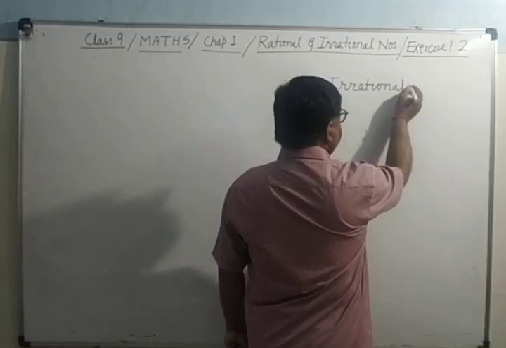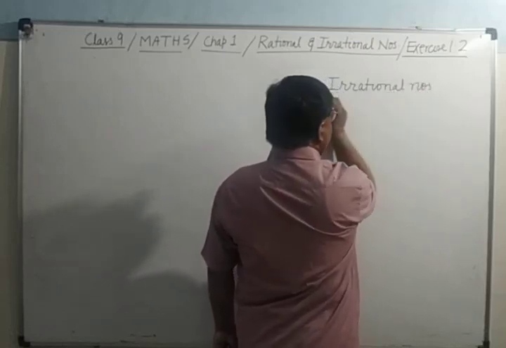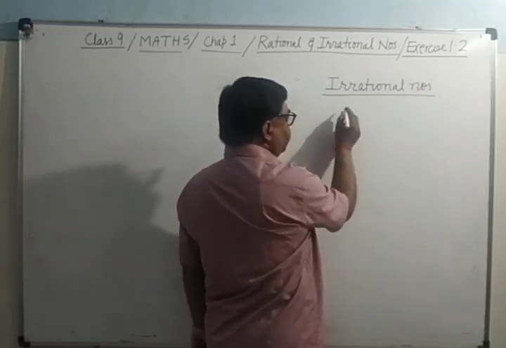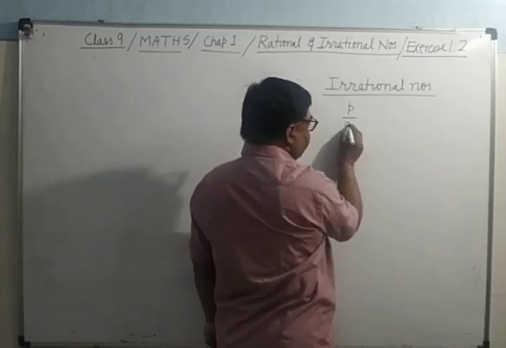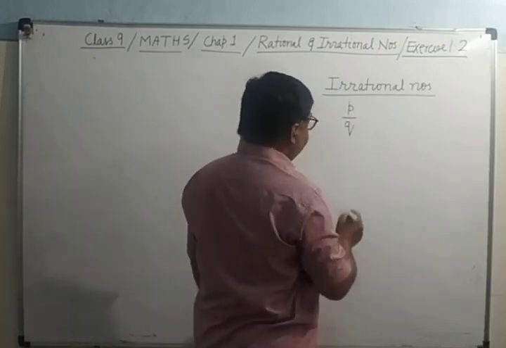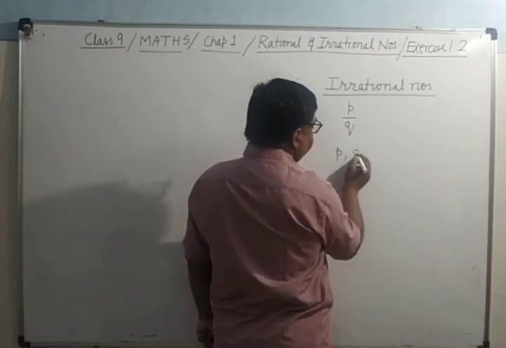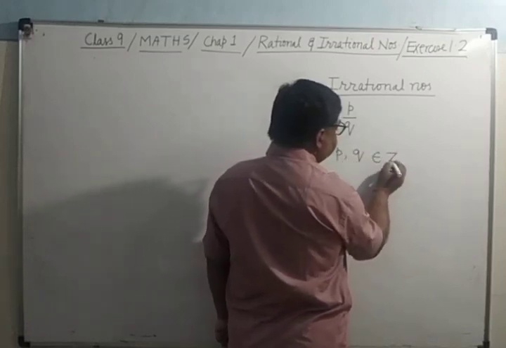Irrational numbers, as I have already told, are numbers which cannot be written in the form p upon q, in which p and q belong to integers.